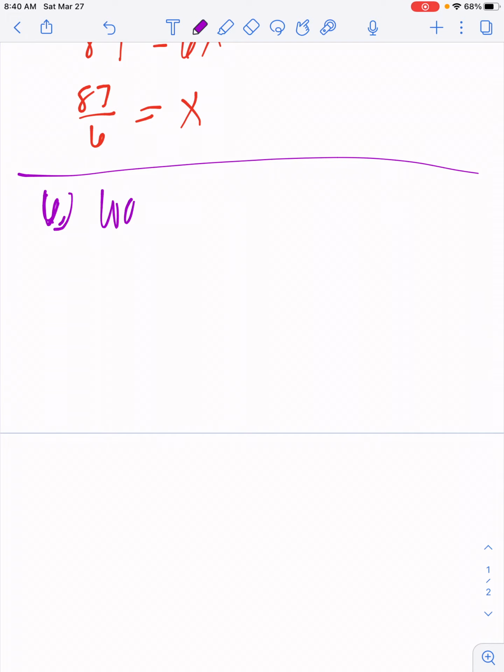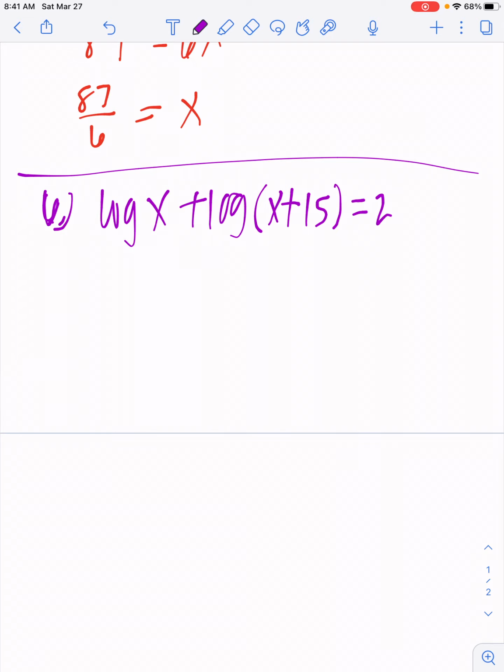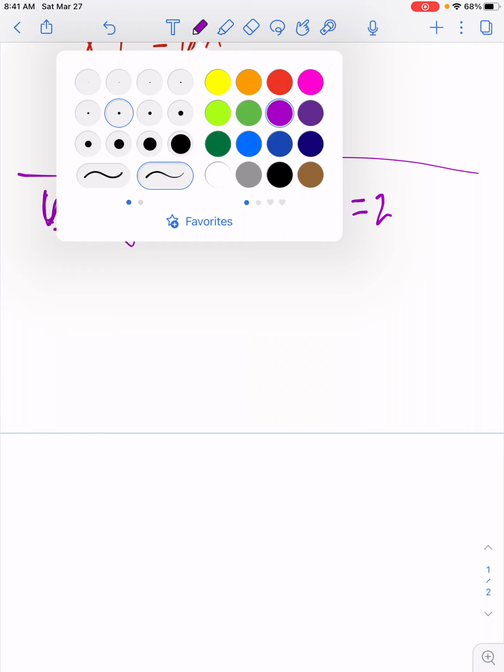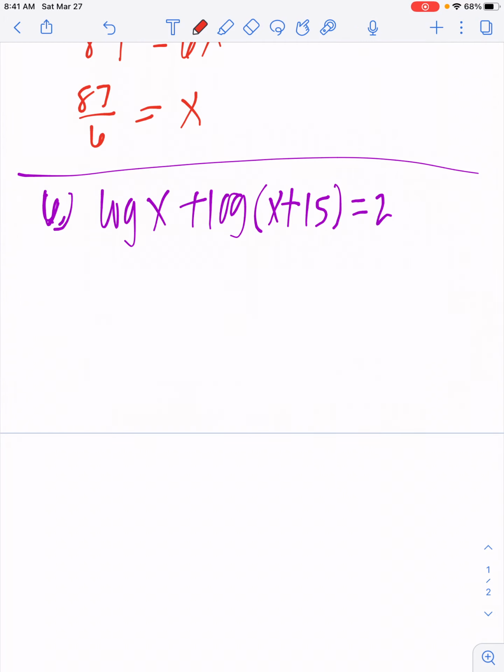Log x plus 15 equals 2. So, hardest part again is kind of where do I start? And this one is one of those ones that I was telling you about.